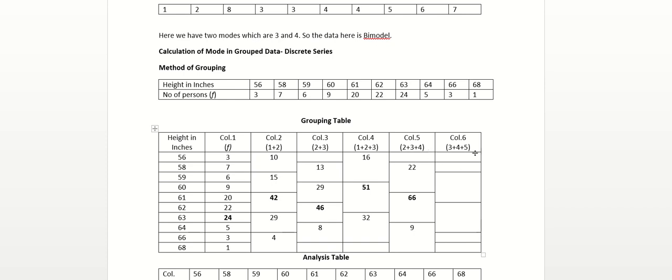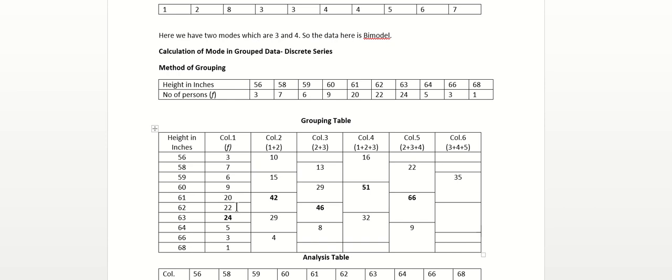Now I will calculate column number 6. For column number 6, I will sum up observation number 3, 4 and 5. It means I will start with 6, 9 and 20. So it becomes 35. Next 3. 6, 9 and 20 is done.